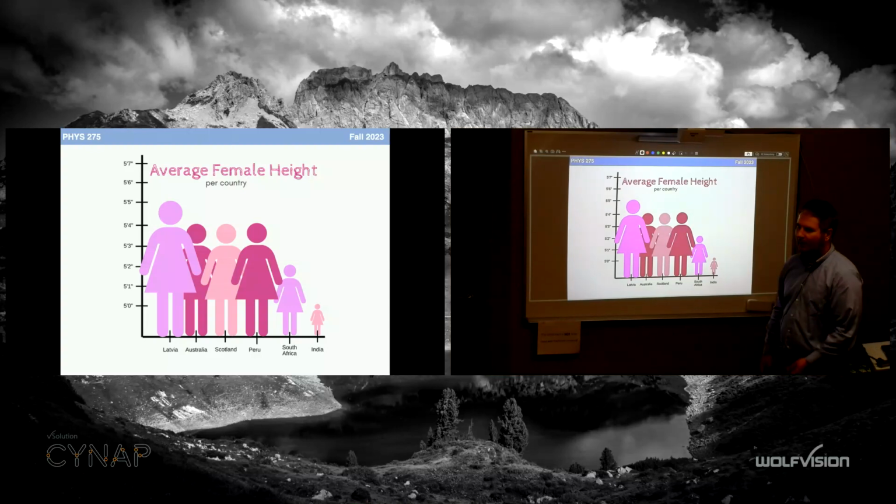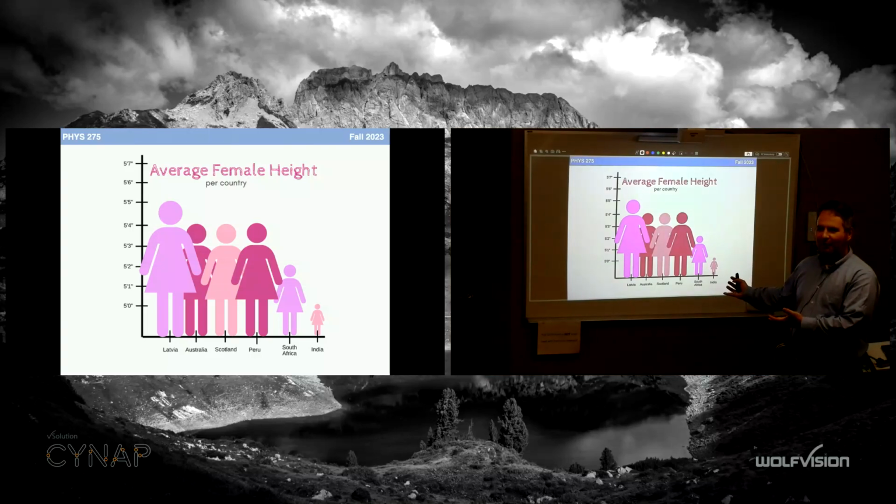There are some actual awful visualizations. Let's look at this one. This is one of my favorite awful visualizations because apparently the average female height in Latvia, there's these giantesses that could possibly stomp on anybody in India. What's wrong with this visualization, apart from the fact that everything's pink?